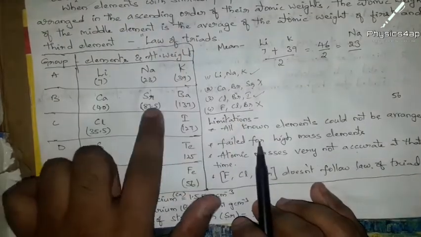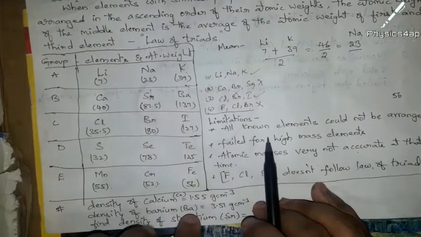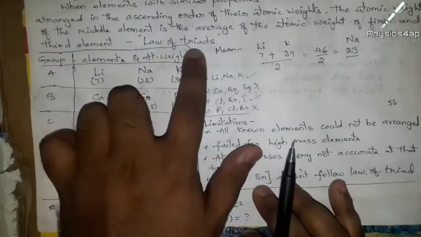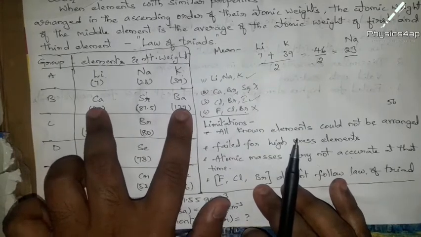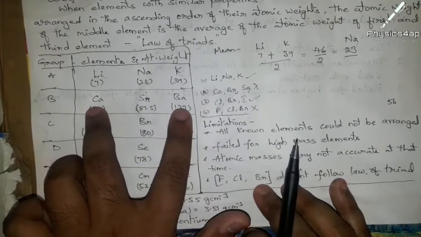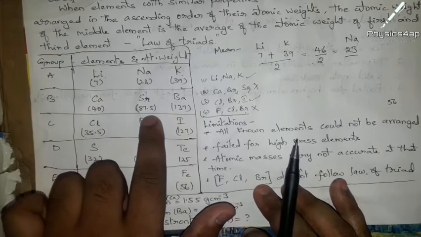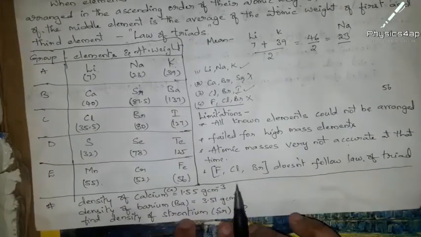As calcium, strontium, barium obey the law of triad, the mean of the first element and the third element equals the second element. The same way applies to density.